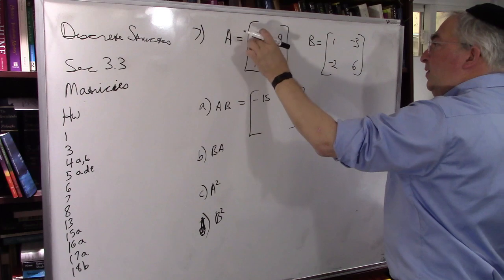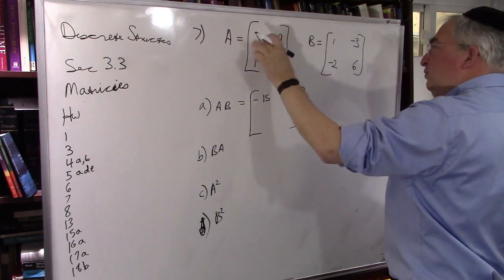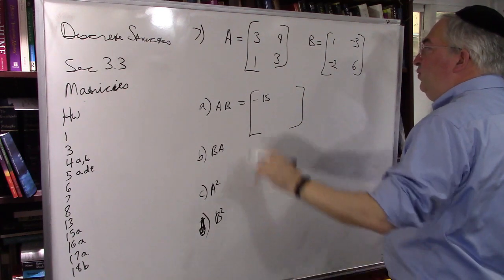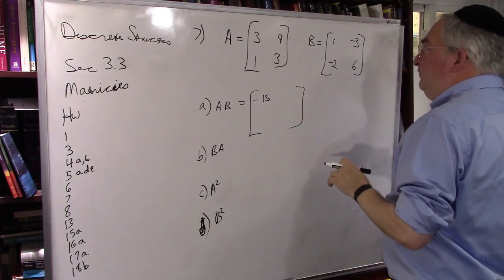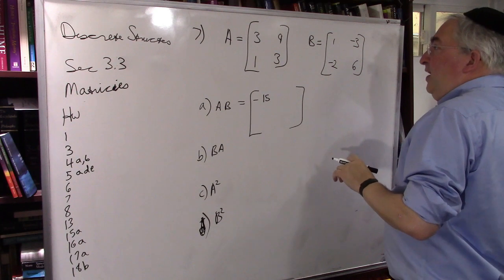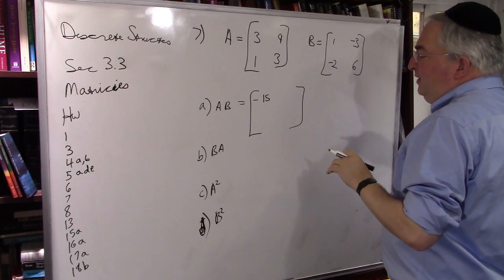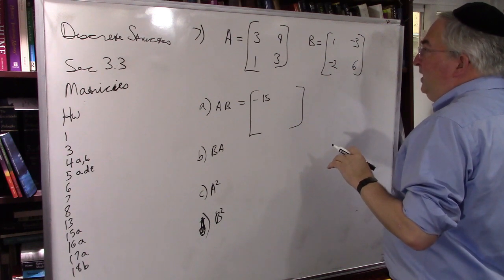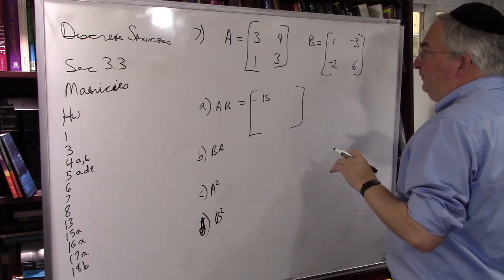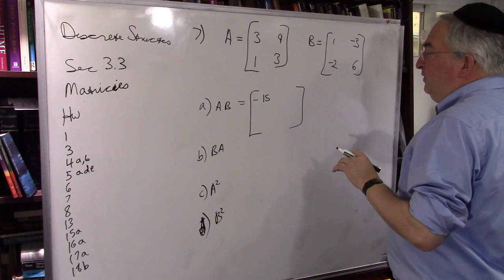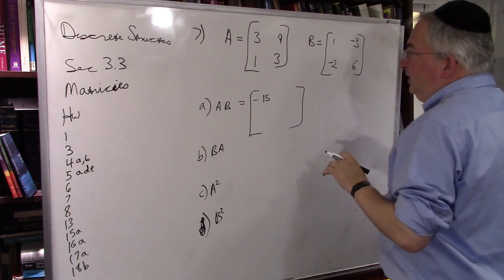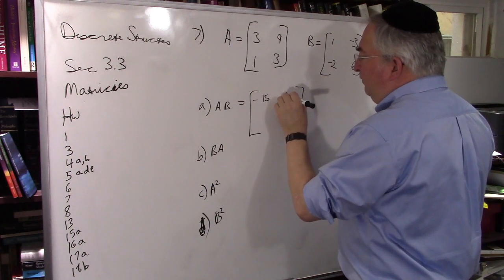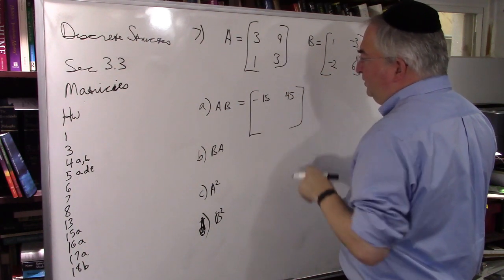Next, minus 3 times 3 plus 6 times 9. 6 times 9 is 54. 54 minus 9 is 45. 45 plus 9 is 54.